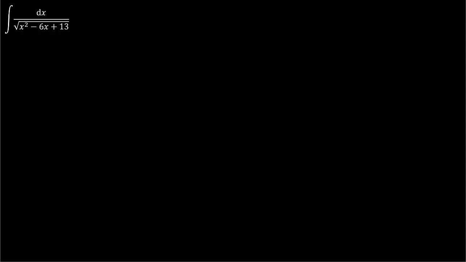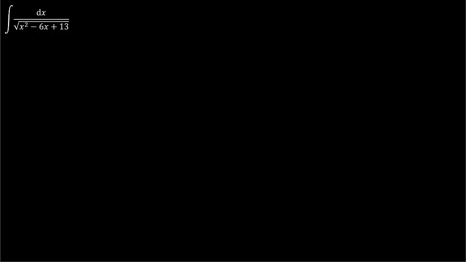All right, let's take a look at an integration problem involving trigonometric substitution. In this one you can see that it doesn't look like one of the forms to make our trig substitution. So what we'll have to do is get it to look like that.